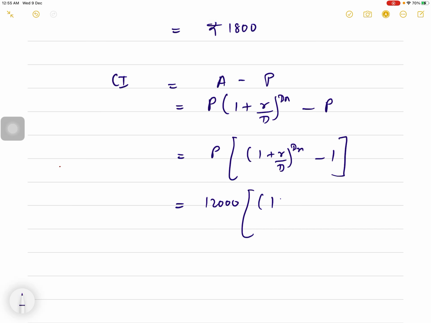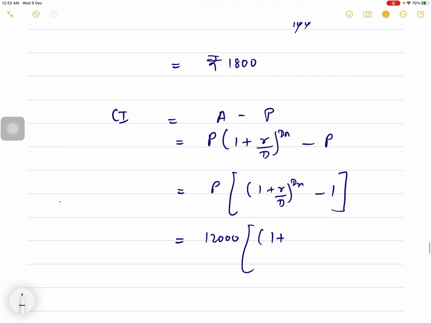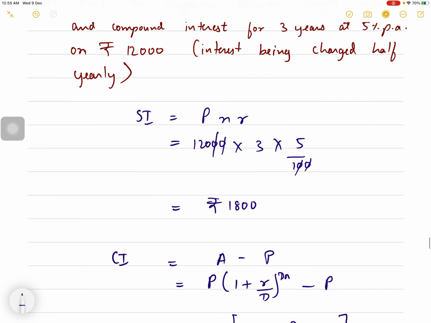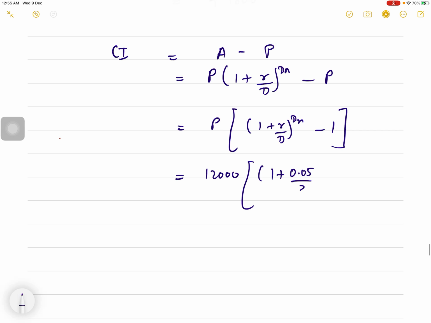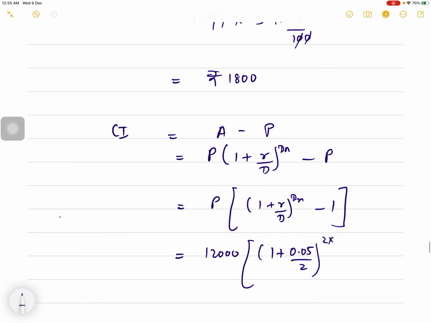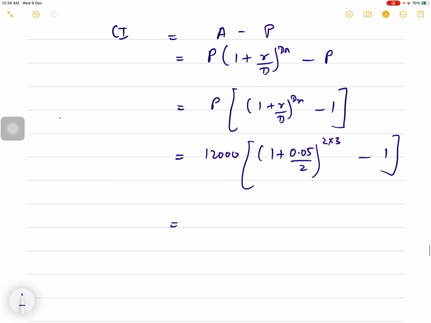Principal is 12,000, right? 1 plus R. Rate of interest is 5%, so 0.05 upon D. It is compounded half yearly. So D is equal to 2, raised to Dn. So 2 into N is 3, minus 1.